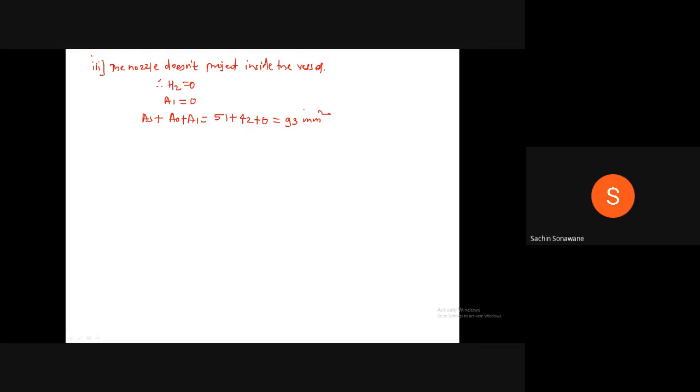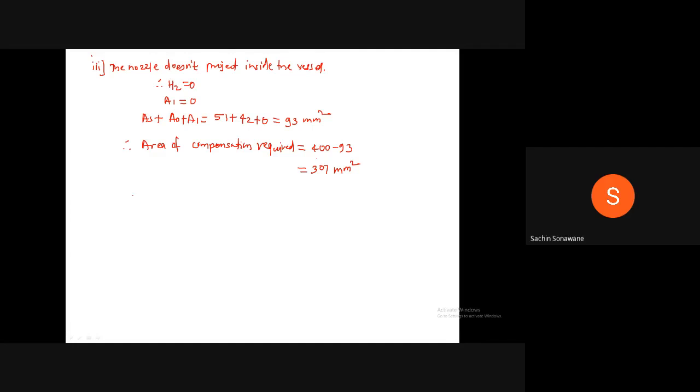Therefore, area of compensation required is equal to 400 minus 93, which is equal to 307 mm square. Therefore, this can be provided by a ring of 260 mm outside diameter and 156 mm inside diameter.